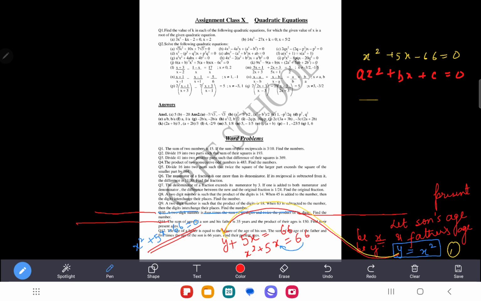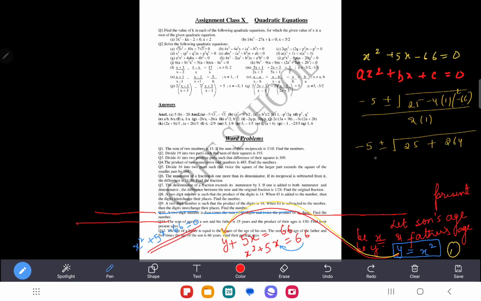You'll get minus b plus minus under root of b square minus 4ac over 2 times 1. So you will have minus 5 plus minus under root of 25 plus 264 over 2, so minus 5 plus minus under root of 289 over 2.